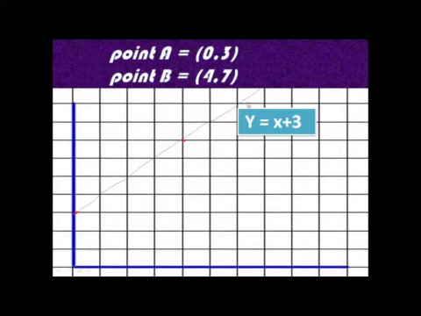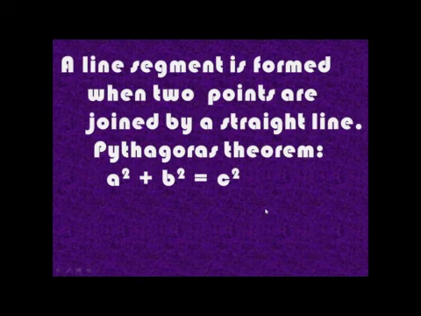The gradient formed by these 2 points would be 1. That's why there's an x, and the c here is plus 3. So 1 is the gradient and plus 3 is the c. So y is equal to x plus 3. That's how you get the equation of the line for that question.